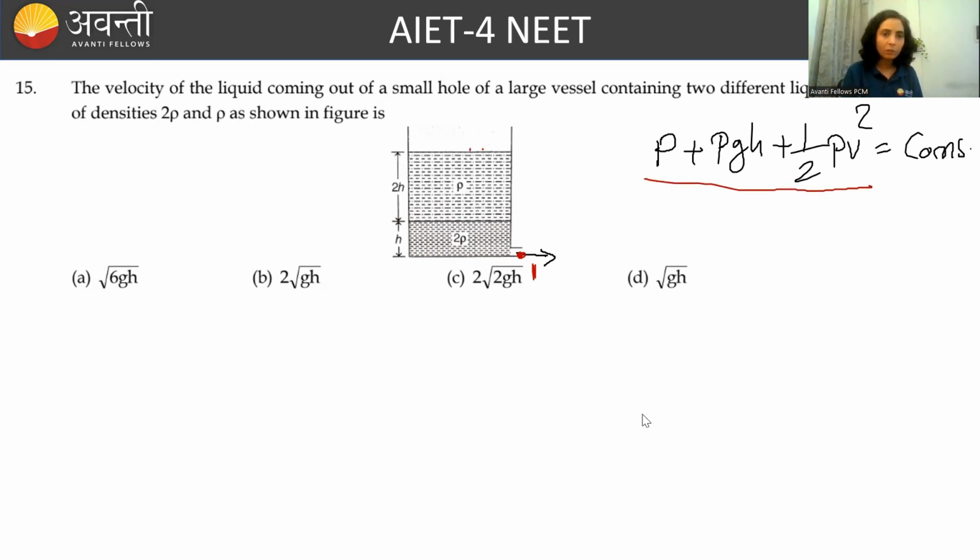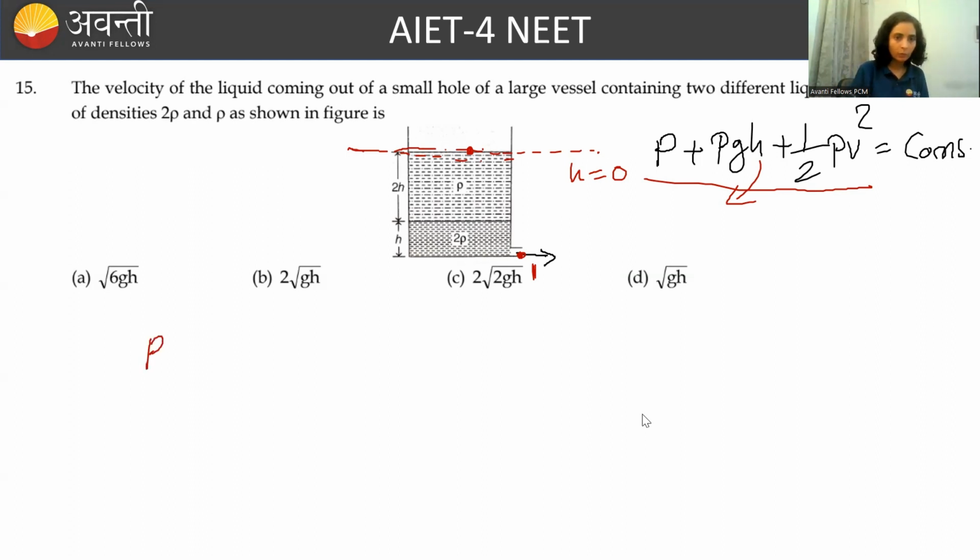So if I take the top point, at the top point pressure is equal to atmospheric pressure. Height, if we consider this as the datum line, the reference line, so here I'm taking h equal to 0. And at the top of the tank, water will be at rest, so velocity will be 0. Now let's write.